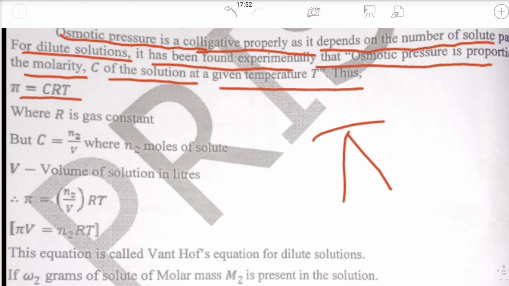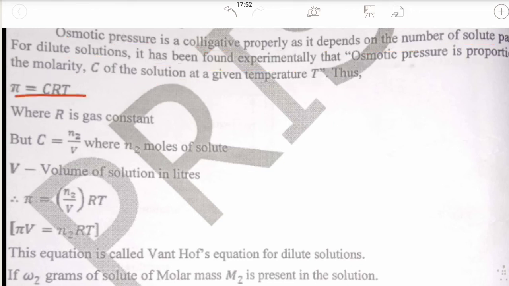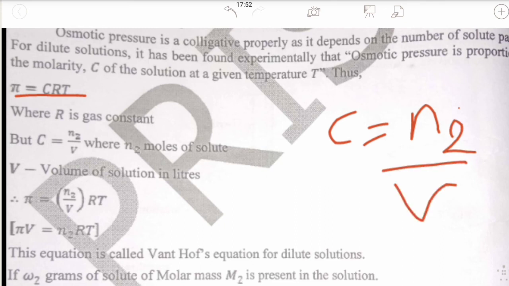So pi is equal to CRT, where C is equal to n2 by V. n2 is the number of moles of solute and V is the volume of solution. Here R is the gas constant and T is the temperature.